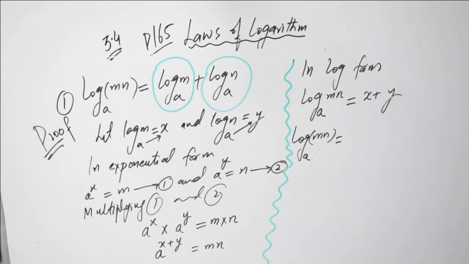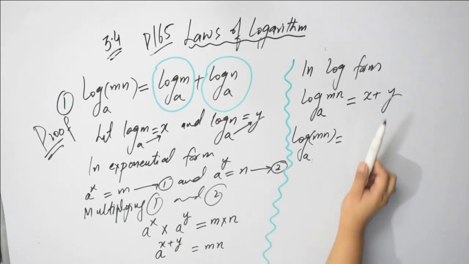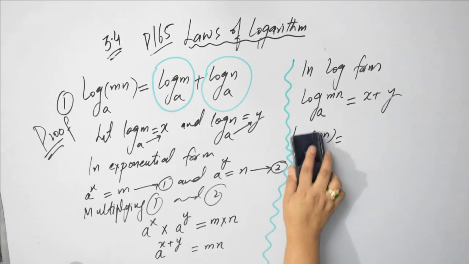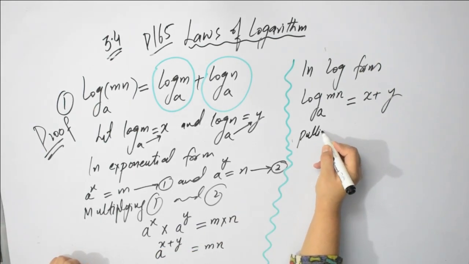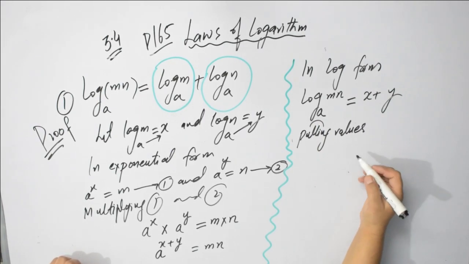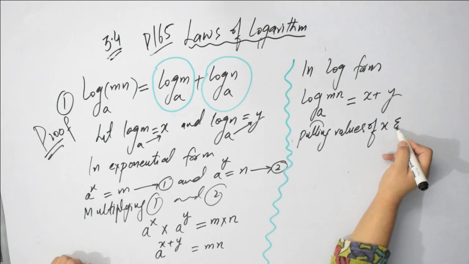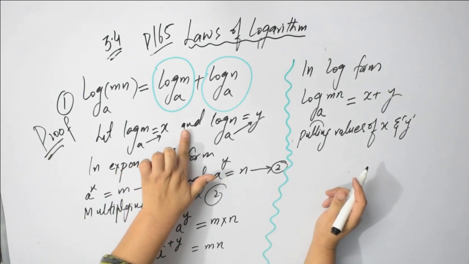Now putting values x और y की यहाँ वैल्यू, बल्कि it's better कि मैं यहाँ लिख दूँ putting values, किसकी वैल्यूज पुट करनी है, of x and y from this जो आपने लेट किया हुआ है, from supposition.